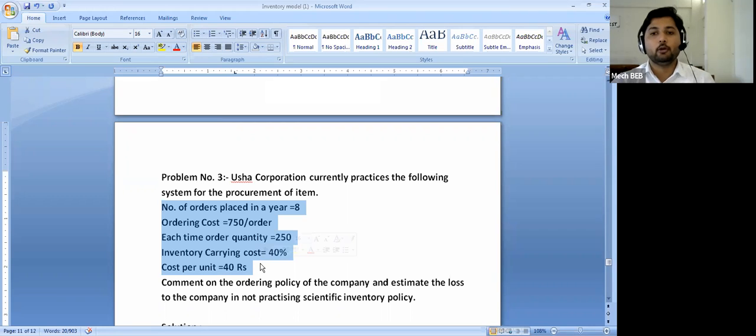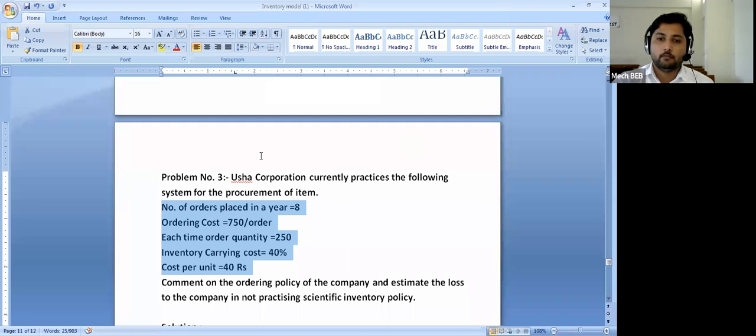Total annual cost will be equal to ordering cost plus inventory carrying cost. Ordering cost is equal to the number of orders multiplied by the cost of each order.